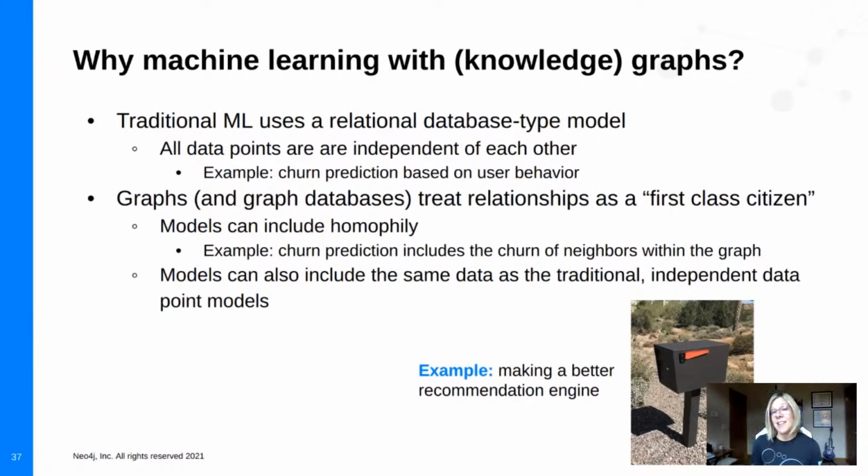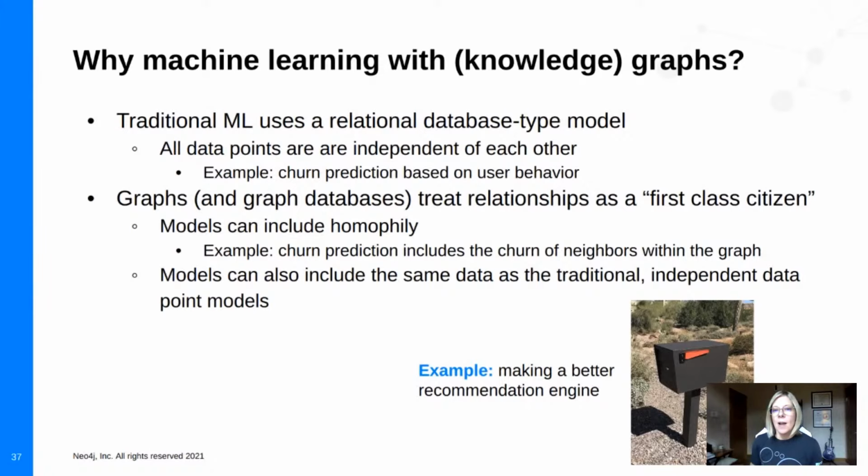Well, if you did this actually for me, what you would find out is that I didn't buy a mailbox. Well, why? Well, it turns out we have no mail service here where I live. Now, let's say that we'd actually looked at my geo neighbors, the people who live in my subdivision, and we realized they didn't buy mailboxes either.